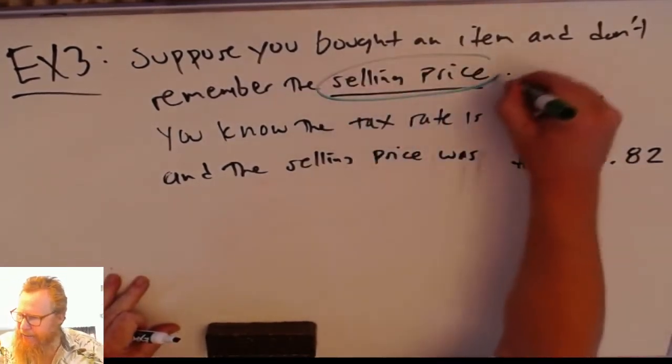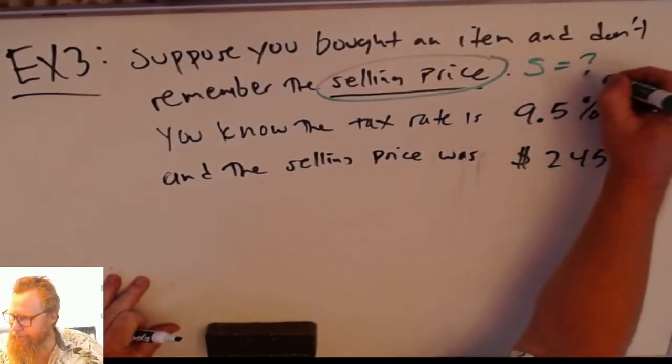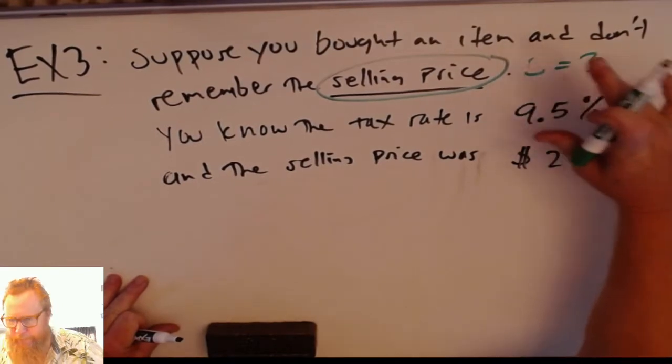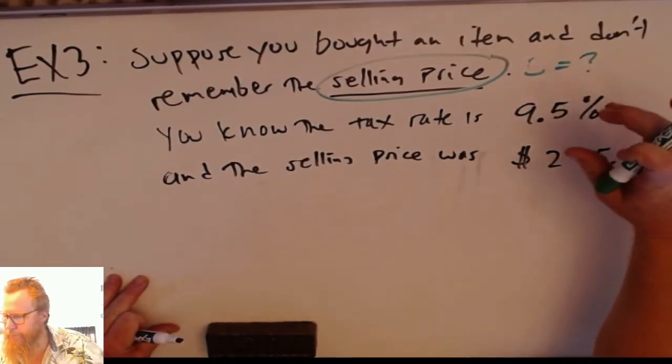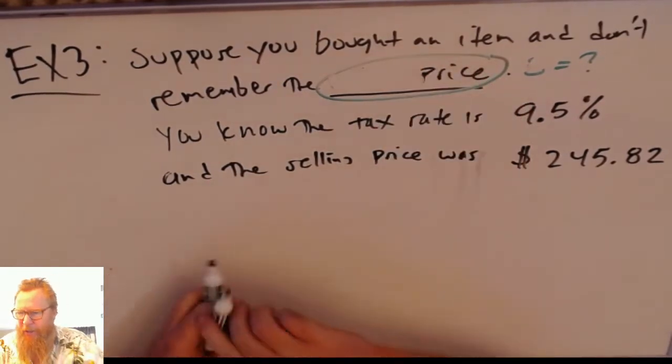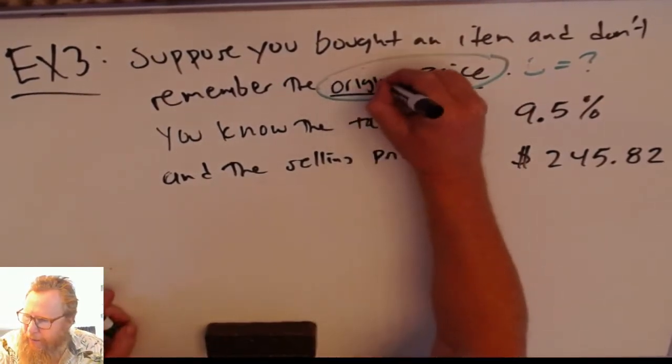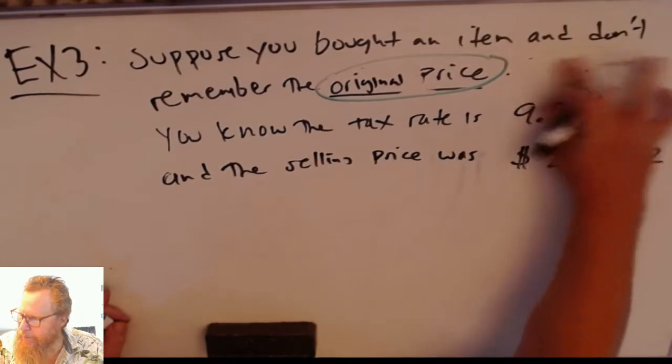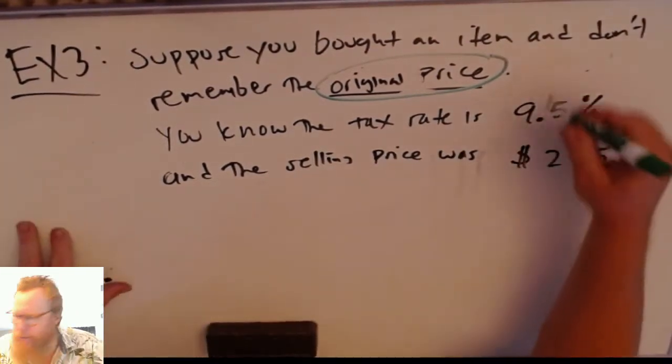So S is what we're looking for. Oh, sorry, I don't know why I wrote that. Correction: you know the selling price, you just don't remember the original price. I almost totally blew that. Somebody would have got extra credit.